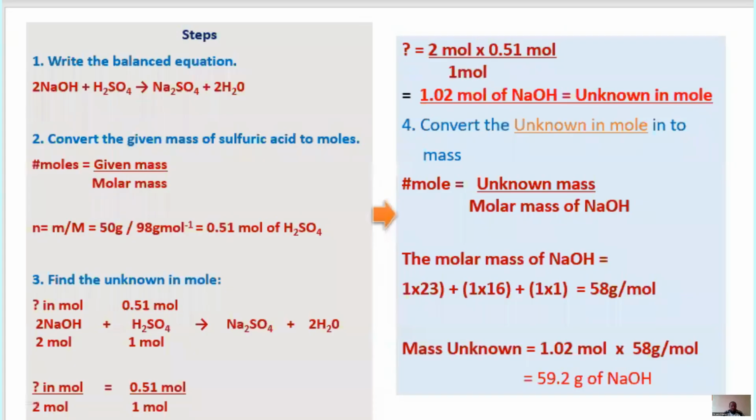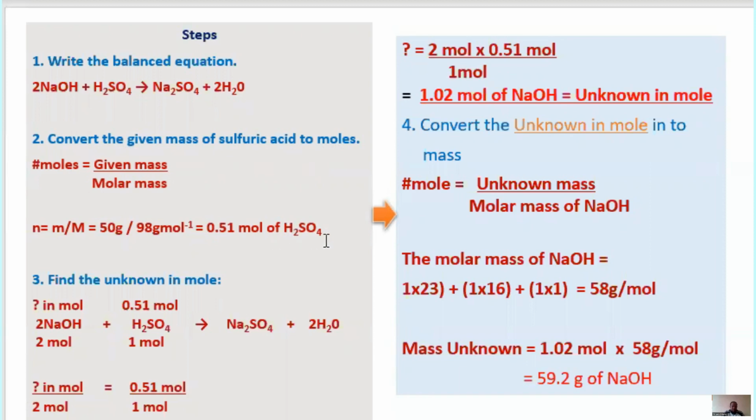Okay, the first step, write the balanced chemical equation, which is 2NaOH combined with H2SO4 to produce Na2SO4 plus 2H2O. Then convert the given mass of sulfuric acid into mole by using this formula, which is equal to 0.51 mole of sulfuric acid.